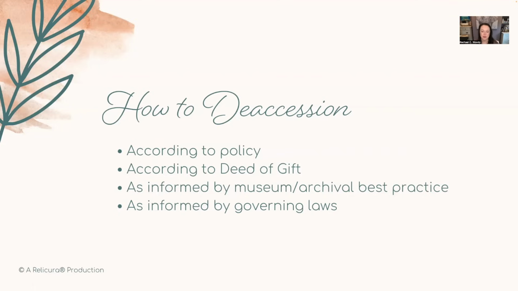Also, as informed by museum or archival best practices, which we will get into as part of our creating the policy section for deaccessioning, you'll want to make sure, for both ethical and legal implication reasons, that you are following those best practices. They are best practices for a reason. And then finally, as informed by governing laws.